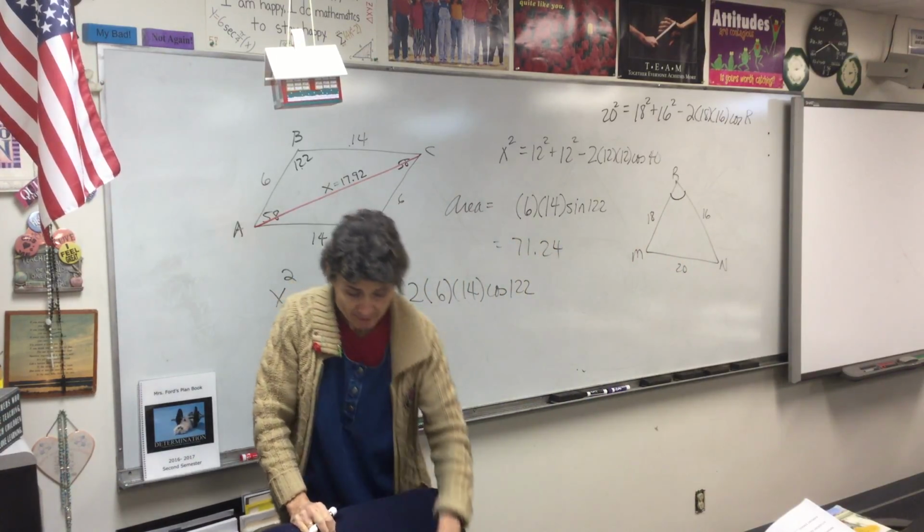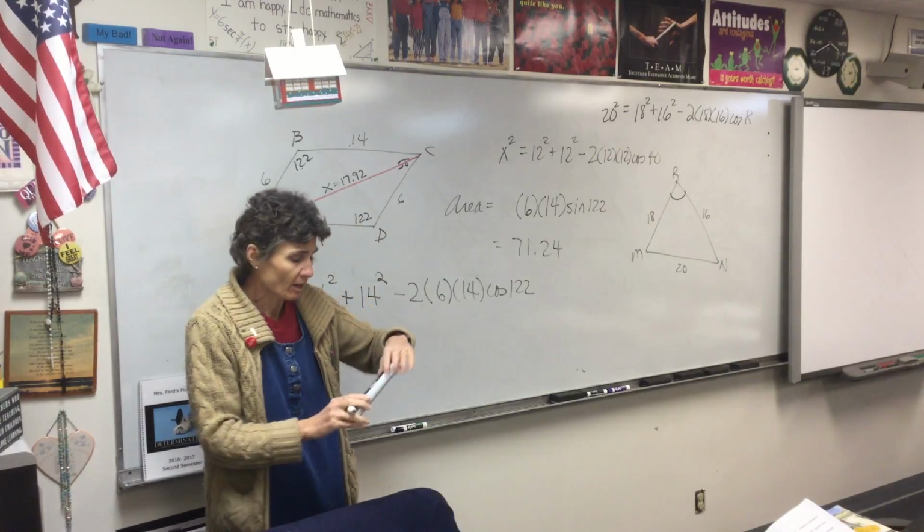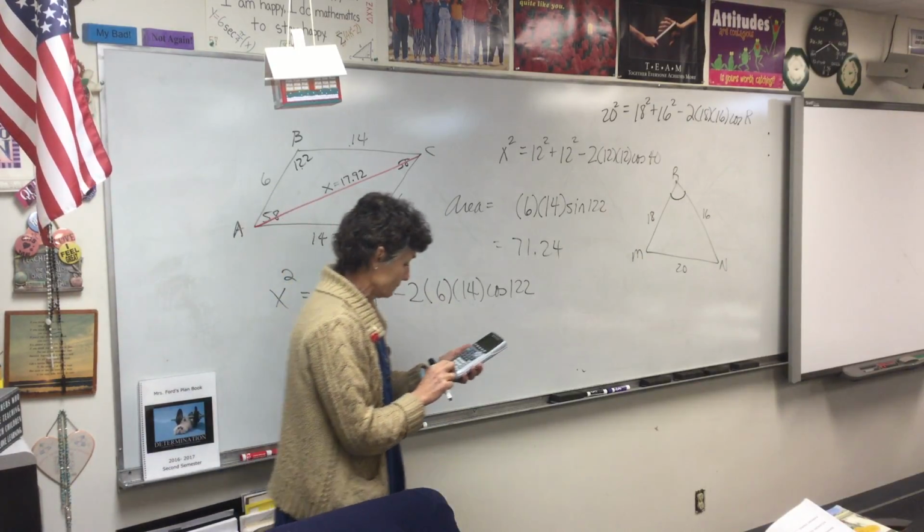All right, go ahead and type that in. These are the ones you have to be a little careful. They're not hard, you just need to be a little careful.